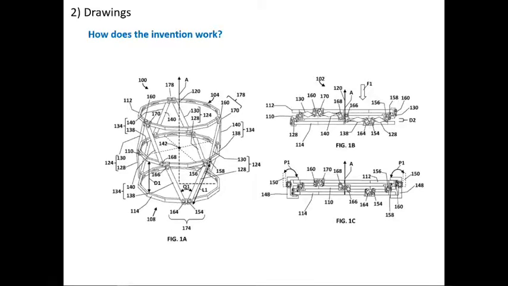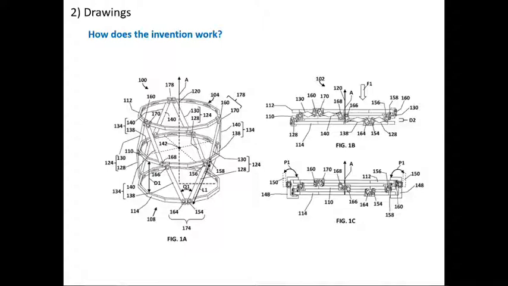Here you can see on the left figure 1, and over on the right figure 1b and 1c, and this shows how this particular invention works. You have this deployed mode in which this invention expands out and takes up more volume, and you have a stowed mode of this invention in which the invention takes up less space and is good for volumes that are less.